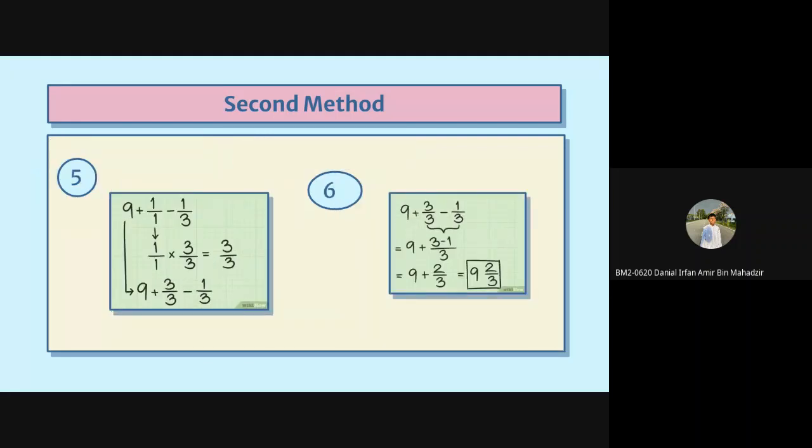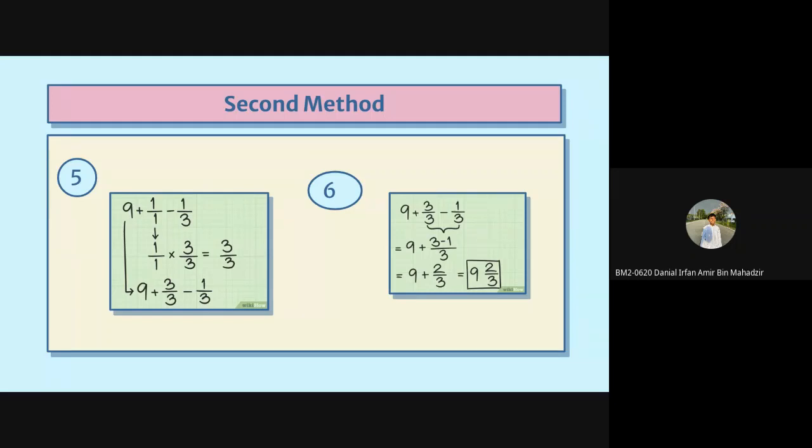The steps: as we can see, before that is 10 minus 1 over 3. Then the next step is 9 plus 1 minus 1 over 3. The 1 as a whole number becomes a fraction, 1 over 1. Then make the denominator the same, equal to 9 plus 3 over 3 minus 1 over 3.